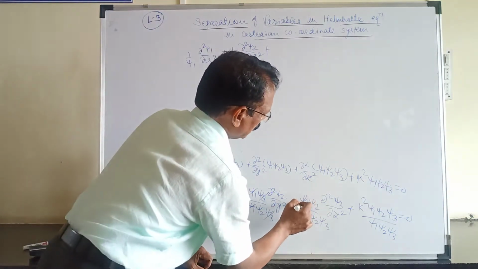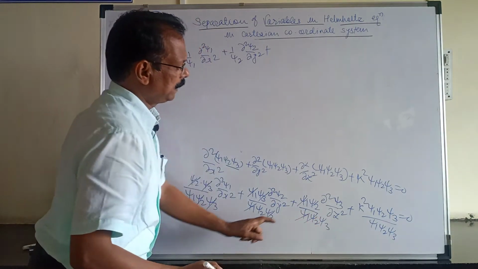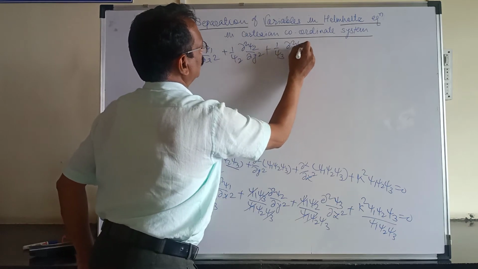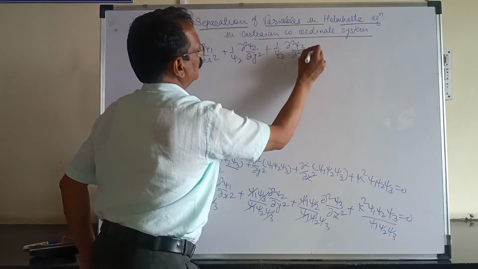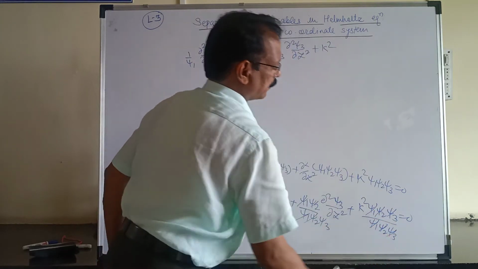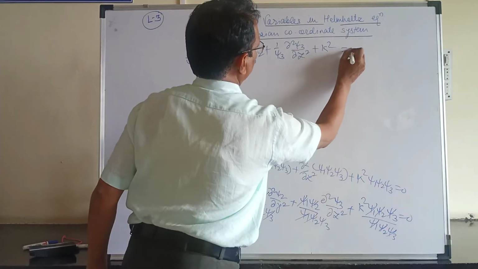Similarly, this psi 1 psi 2 gets cancelled with this psi 1 psi 2, remaining 1 upon psi 3 d2 psi 3 by dz square plus k square. In this case psi 1 psi 2 psi 3 gets cancelled with psi 1 psi 2 psi 3, plus k square is equal to 0.